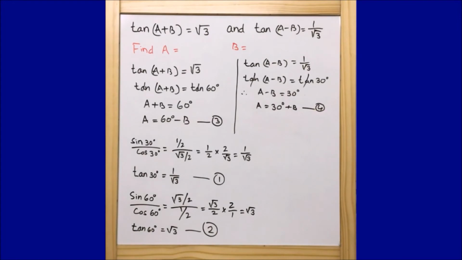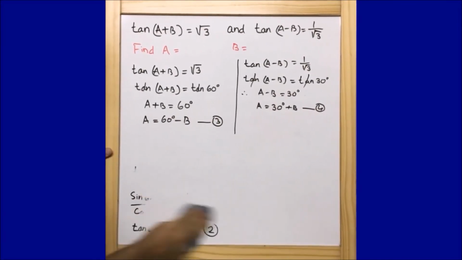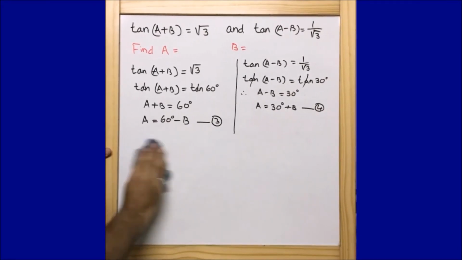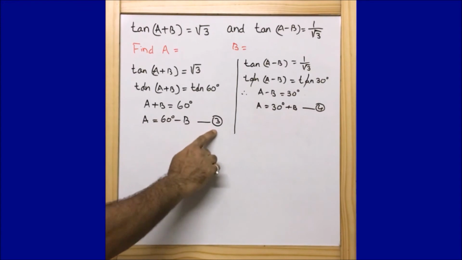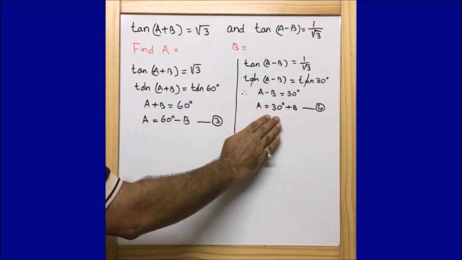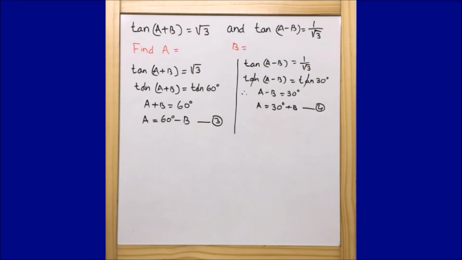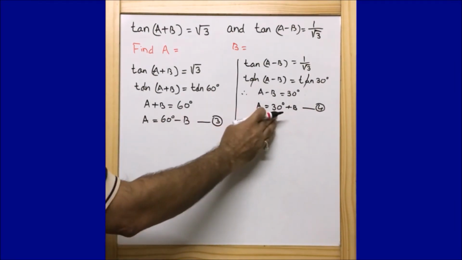Okay, now let us see. So I believe till here we are pretty clear. Now from equation 3 we got a is equal to 60 degree minus b, and from equation 4 we got a is equal to 30 degree plus b. Therefore I can say this value of a is equal to this value of a.